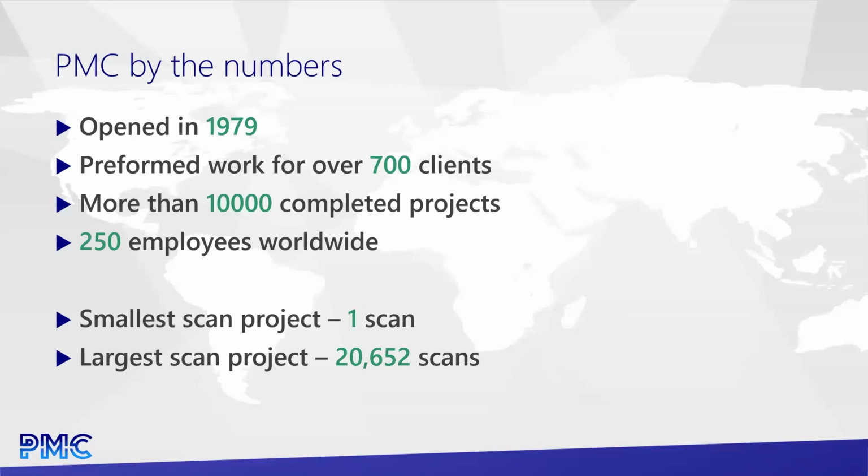So we opened back in 1979. We've got well over 700 clients and over 10,000 completed projects that we've done, 250 employees worldwide. And just some basis of scanning, we've done projects that were as little as one scan, and we've done single projects that encompassed over 20,000 scans.